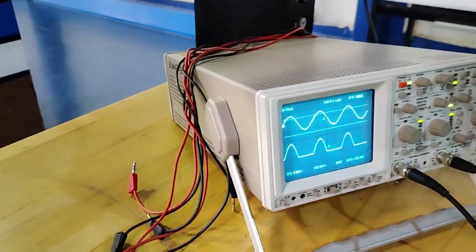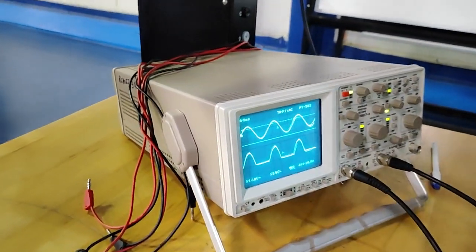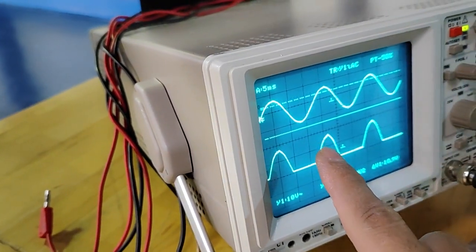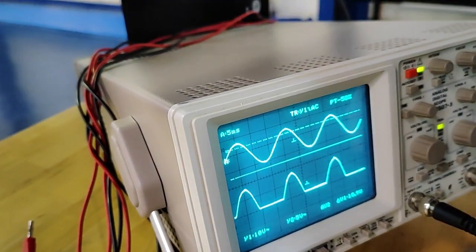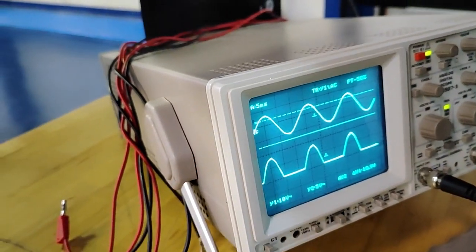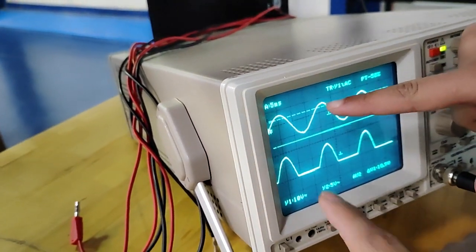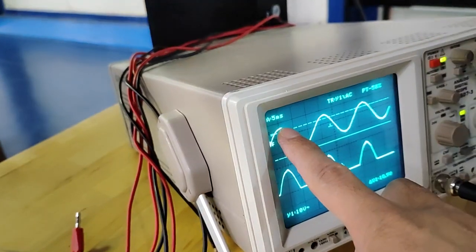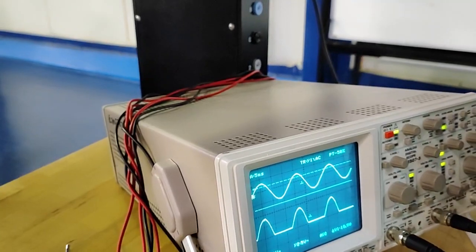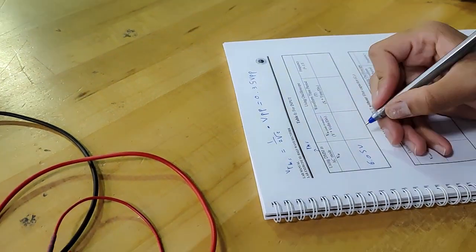How will you calculate the input voltage based on the divisions? Peak to peak. How many divisions does the waveform consume, peak to peak? One division and more than half, so maybe 1.8 or 1.7. Let's make it 1.7. So the division is 1.7.